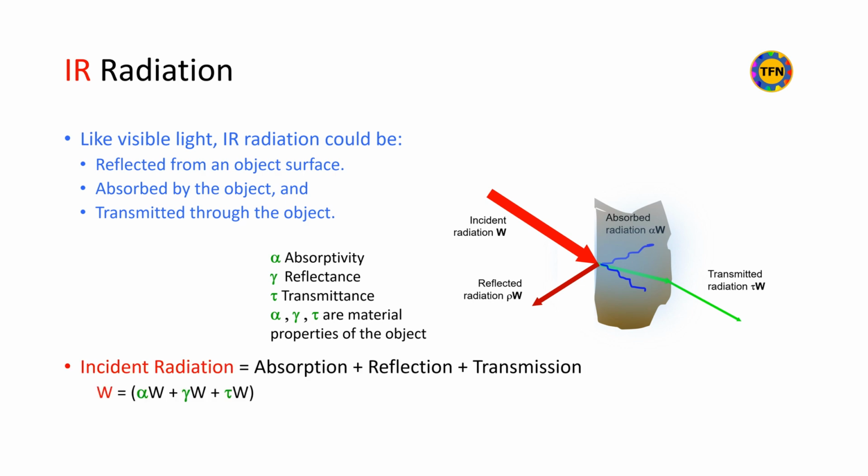It can be expressed mathematically: W equals alpha W plus gamma W plus tau W, where W is the total incident radiation, alpha W is the absorbed radiation, gamma W is the reflected radiation, and tau W is the transmitted radiation. Alpha, gamma, and tau are material properties of the object that determine ability for reflection, absorption, and transmission of this object.